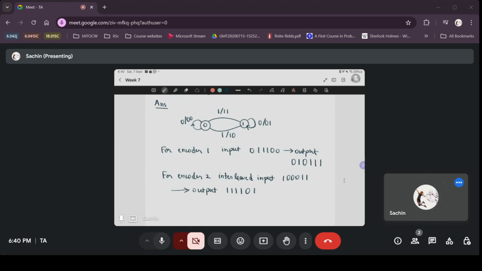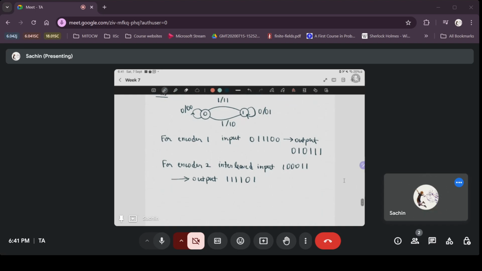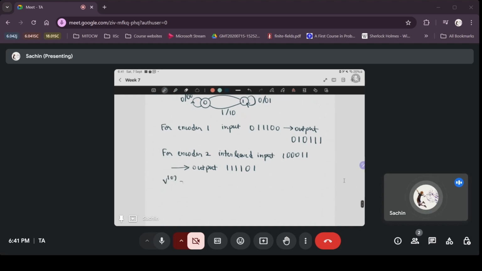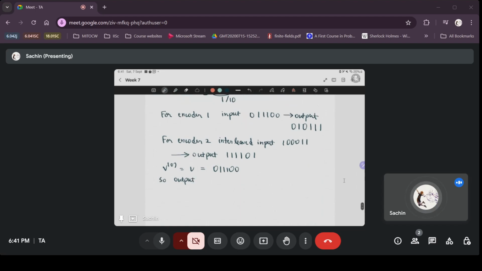Now, the systematic part, V0 is nothing but U, is nothing but 0 1 1 0 0. So the output sequence is the first bit of all three of these sequences put together.